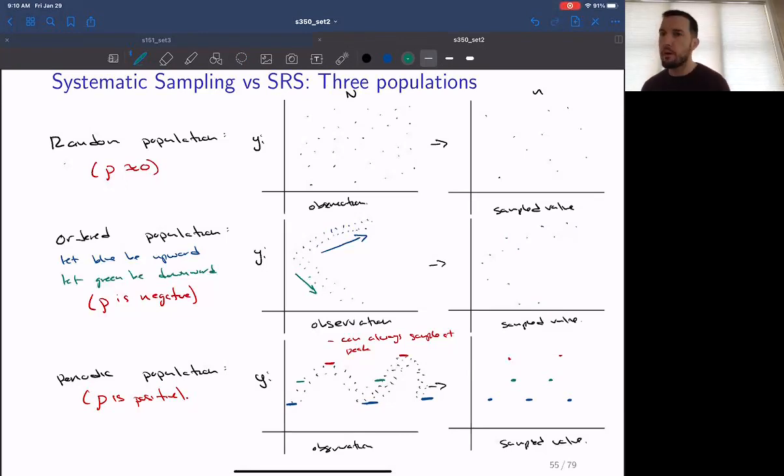We can get around this, and I'll give an illustration of how to do that in a moment, but as you might imagine, the way to get around this would be to change your value of K in the systematic sample so you're not hitting the same part of the curve every time you pick out a value. Okay, so those are the 3 illustrations. So these are 3 illustrations of what we could expect from a systematic sample if taken from populations with these structures. Does anyone have any questions about that?